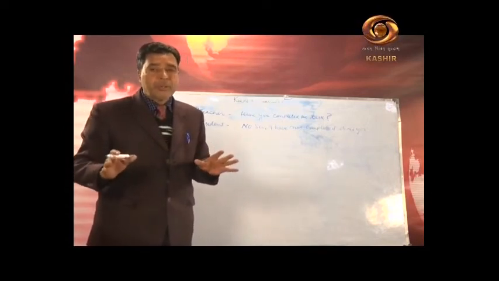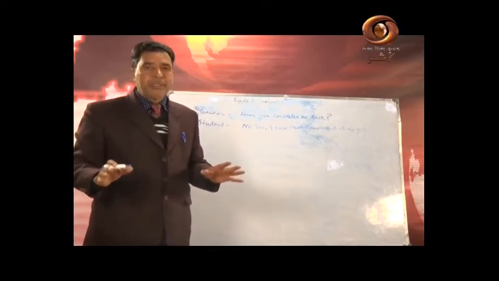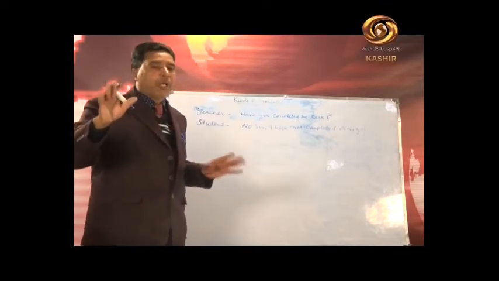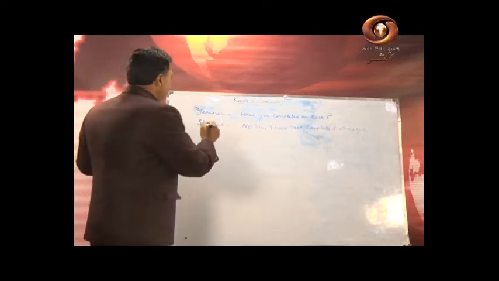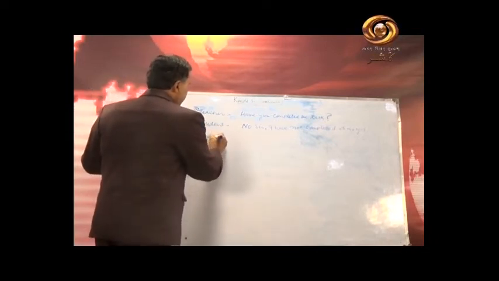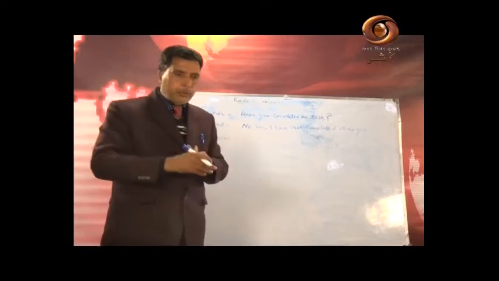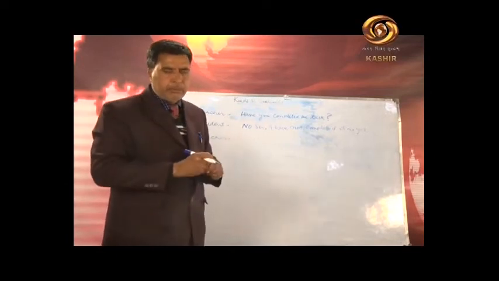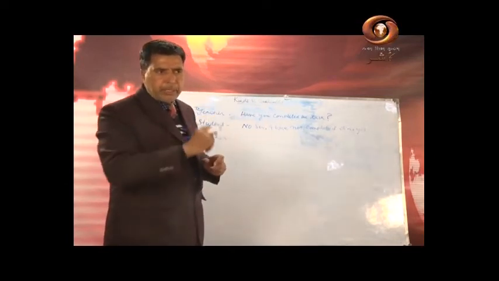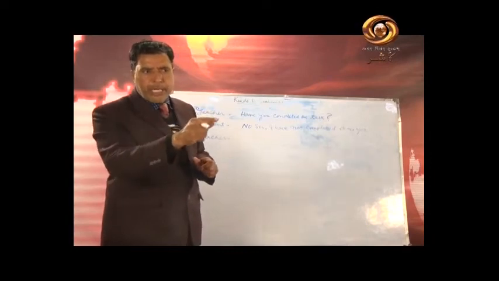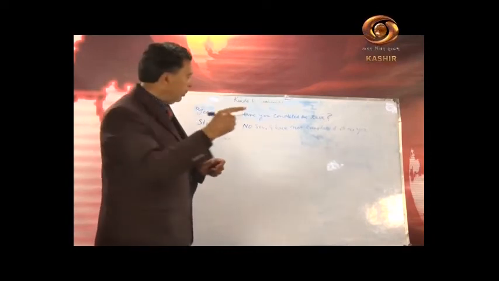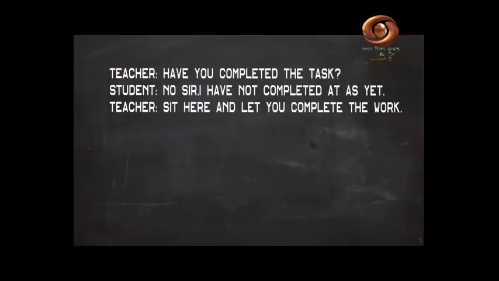Because he has not done the homework that the teacher has asked him to write. Now, once again the teacher says, teacher is a little bit angry, and he says to the student, sit here or sit there in that corner. Let you do that homework here. So, I'll write here. Sit here and let you complete the work.